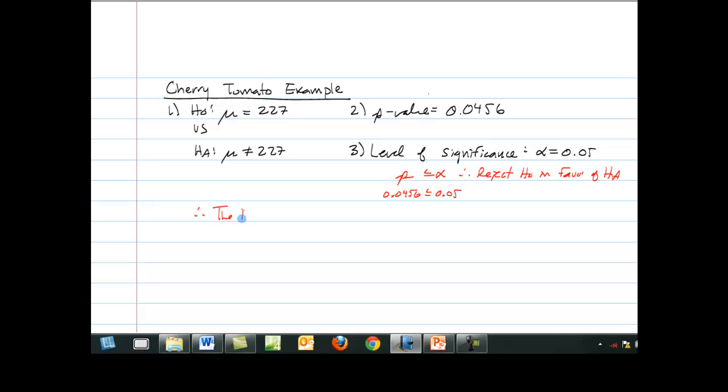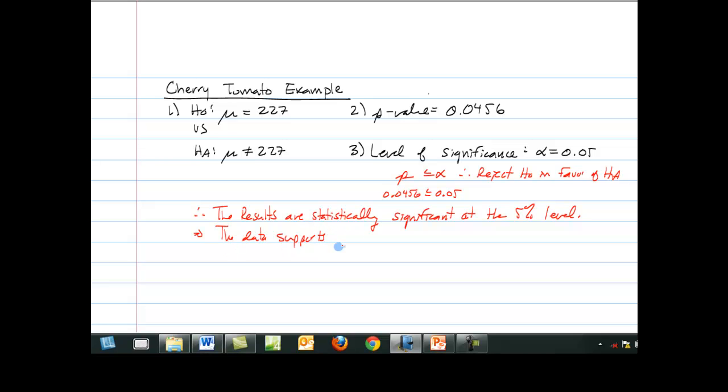So therefore the results are statistically significant at the 5% level. So that gives you your point of comparison. Well, what does this mean? This means the true average, actually what we want to do is blame this on the data. The data supports the conclusion. And this is how you should always write one of these. Blame it on the data.